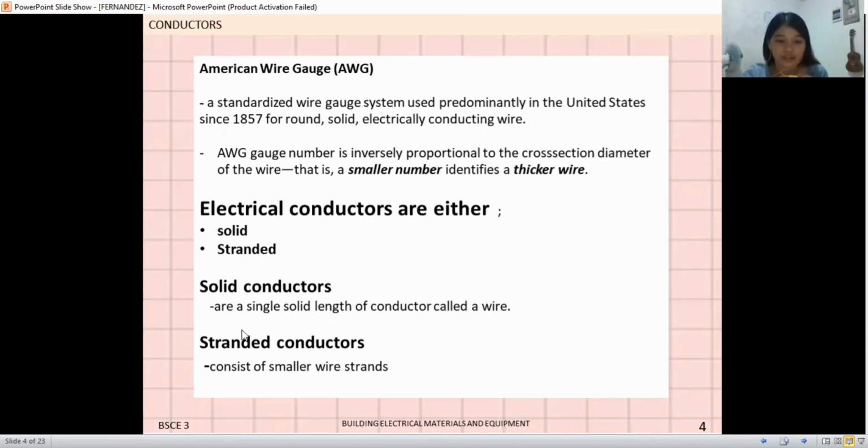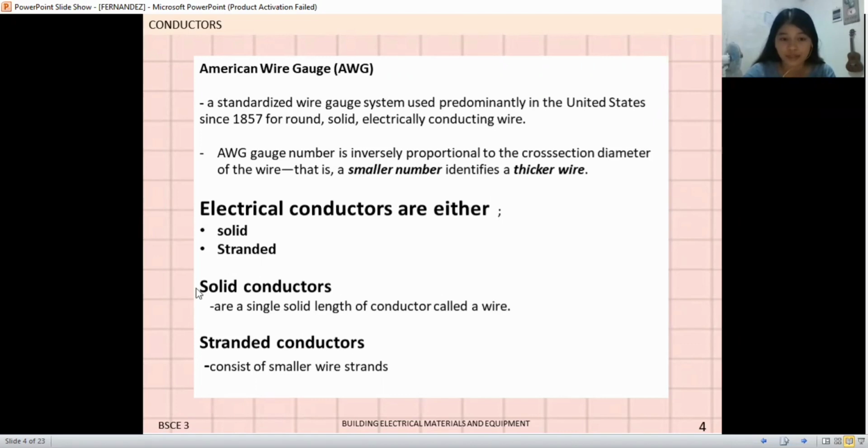Solid conductors are a single solid length of conductor called wire, and stranded conductors consist of smaller wire strands. An example of solid conductors is copper. The stranded conductors consist of smaller wires twisted together; you can see wires made of many thin wires twisted together, and those are the stranded conductors.